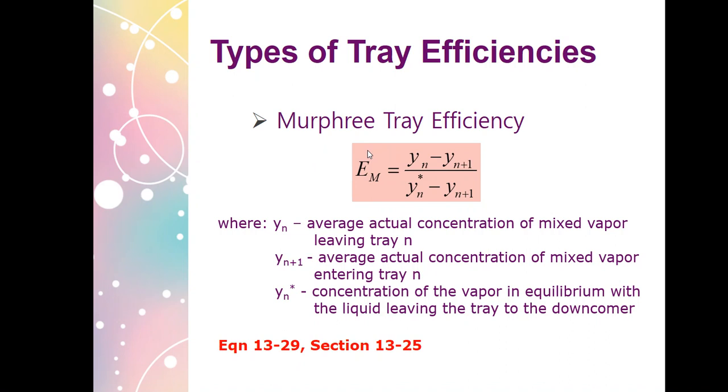Now, it does not compute the efficiency of the entire tower, just like the overall tray efficiency, but it solves the efficiency based on a particular tray n. So if you are asked which of the two will be more accurate, then we say it's the Murphree tray efficiency that will be more accurate, because it's now looking into the efficiency of a specific stage or tray.